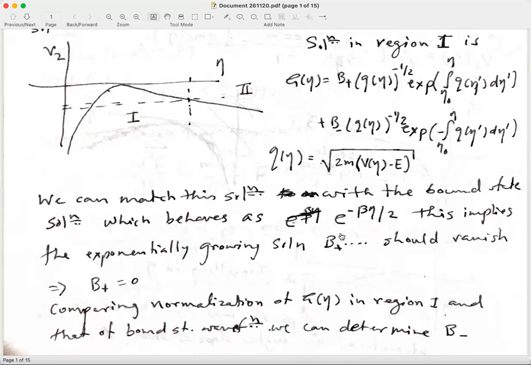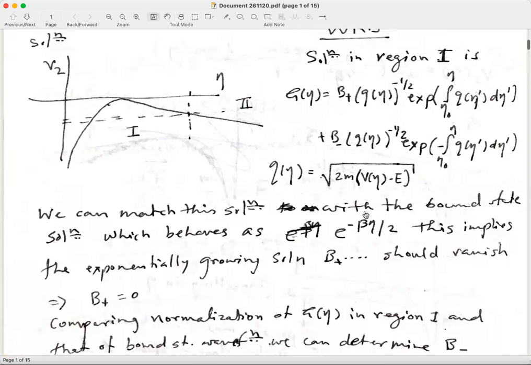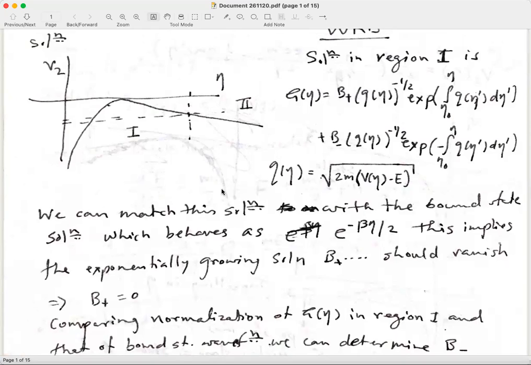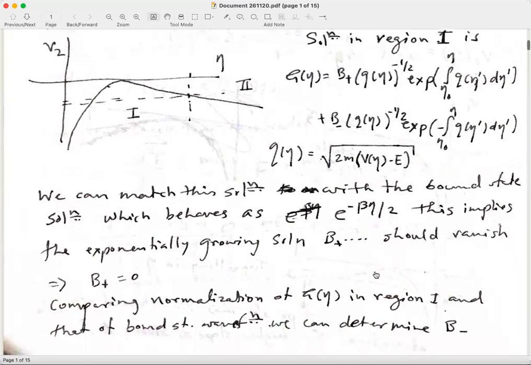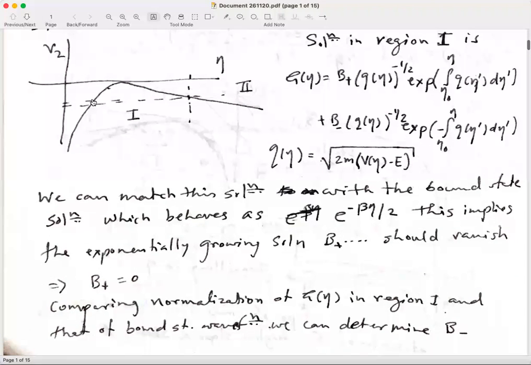If it is not solved, we can just normalize it. In fact, this was one of the exercises: to determine the integration measure in the parabolic cylinder coordinates and use that integration measure to normalize the wave function. Once you do that, you would be able to determine what b minus is, by just matching wave functions across this boundary.